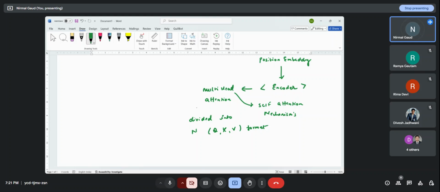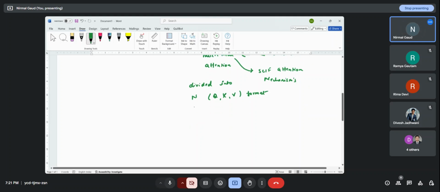Q is your query, K is a key, and V is value.